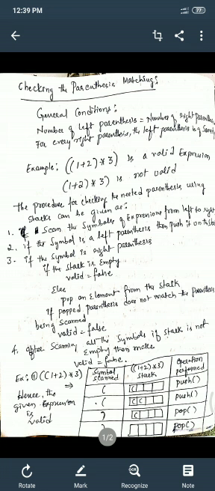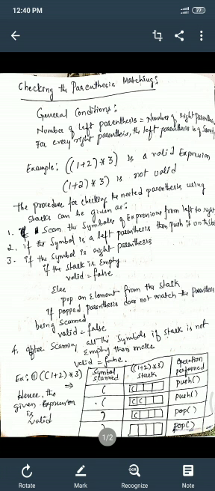now we have to check a condition. If the symbol is a right parenthesis and the stack is empty, the given expression is false. Or else pop an element from the stack. If the stack is not empty, you have to pop an element from the stack.